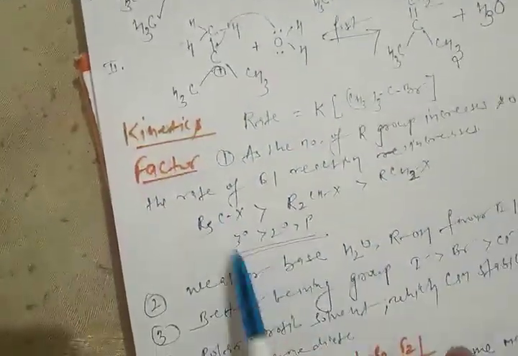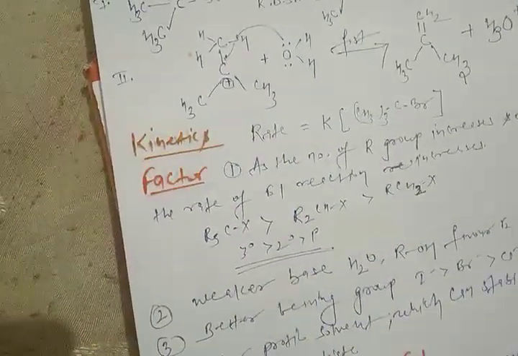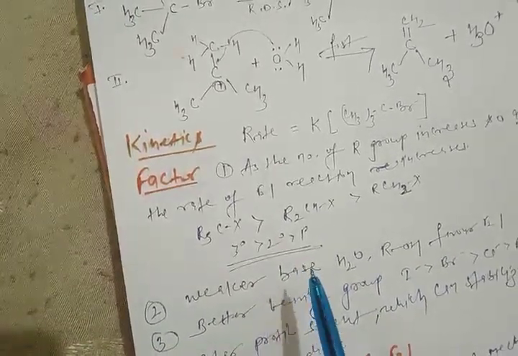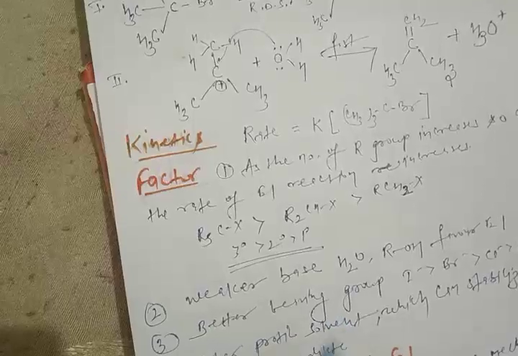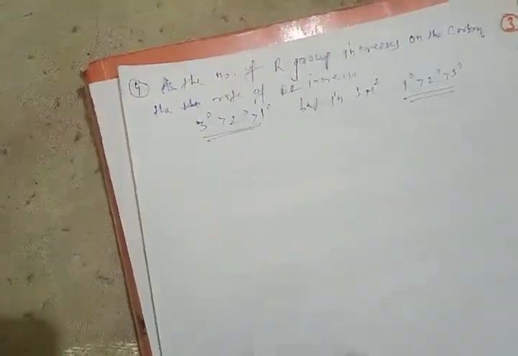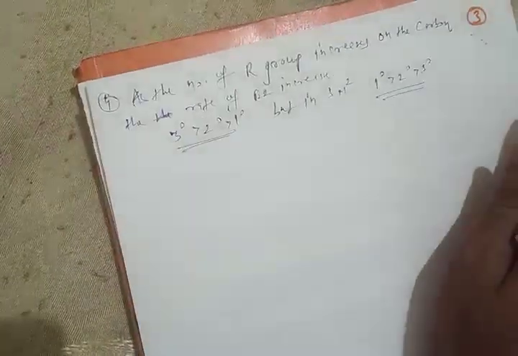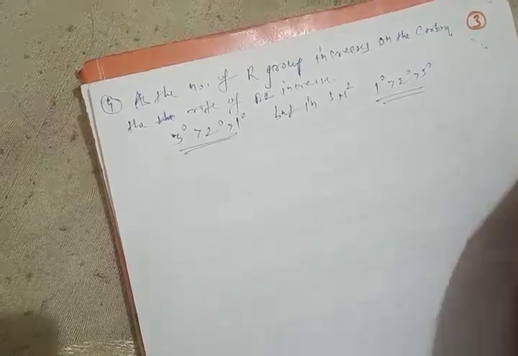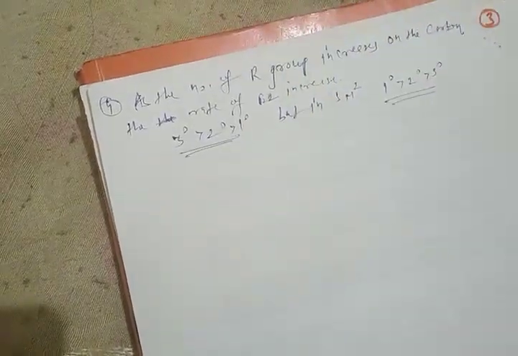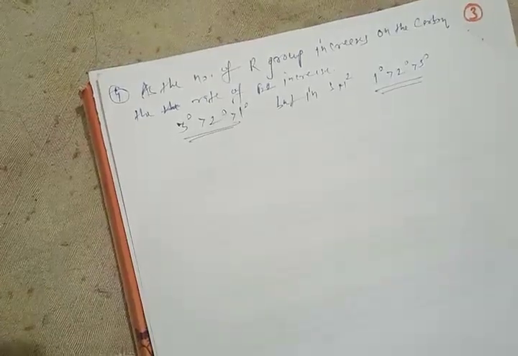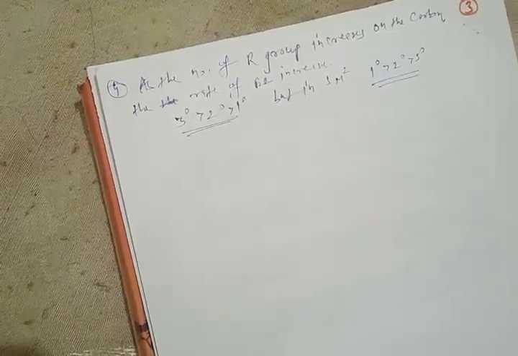In E1 also, here the factor was carbocation. And what factor here? Here we have to go for base abstraction, that means a stronger base is required. Stronger base means abstraction of a proton.